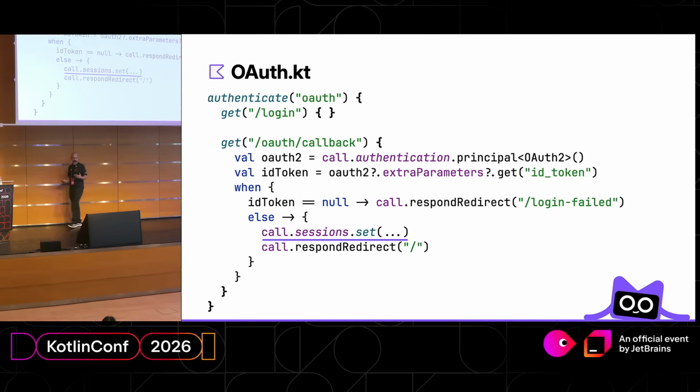We configure the callback URL, and in case the login was successful, we will get an OAuth2 principal, and we will get an ID token. If both are present, we can set the session, and we can redirect the user to the home page. In the case that it was not successful, we don't want to send unauthorized status codes to the user because this is meaningless for the browser. Instead, we want to redirect them to some login failed page.